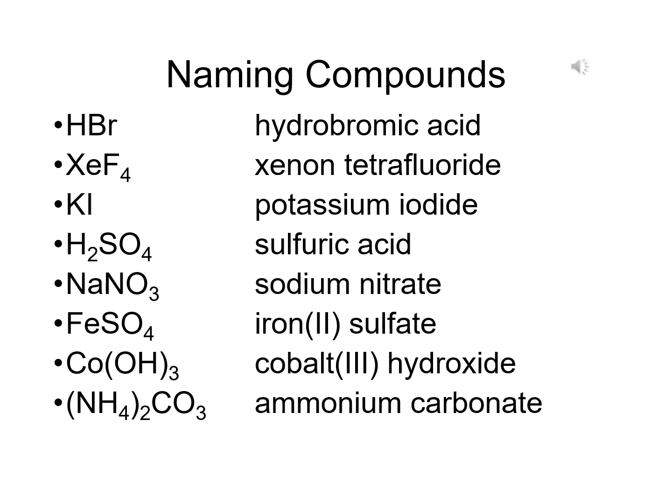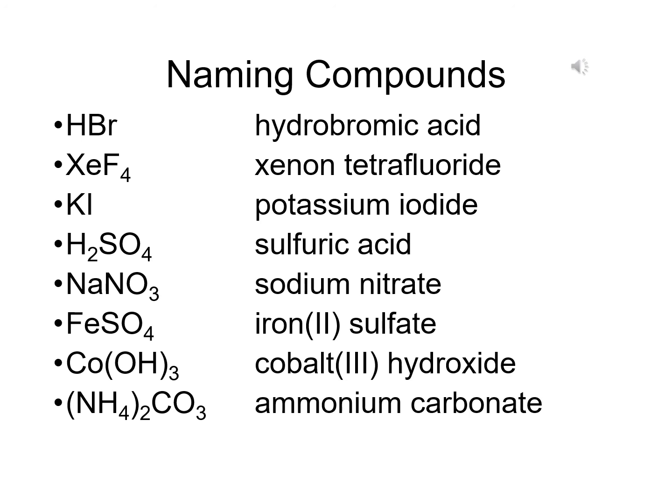Okay, here on this slide we have our first compound, hydrobromic acid. So we discussed this earlier in today's lecture, how to name these binary acids that have just 2 elements in them. Next we have xenon tetrafluoride. Now xenon tetrafluoride is composed of 2 nonmetals, so this is a molecular compound.